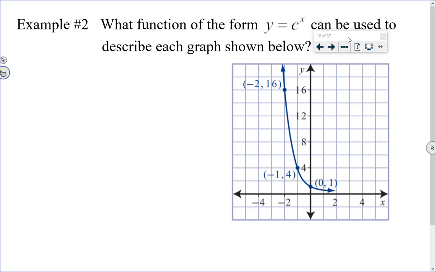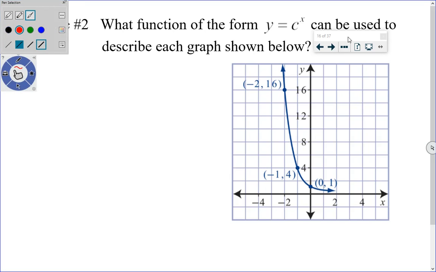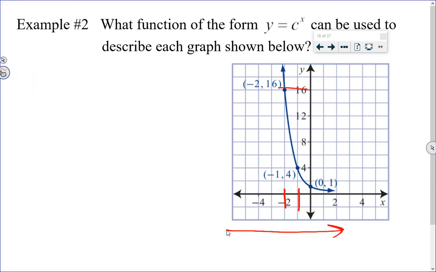Now I will tell you, unfortunately, that the first 3 responses are incorrect. Now the correct responses are coming in. Notice I said when x goes up by 1. Up for x, when x increases, we're going this way, always left to right. So when we go from -2 to -1, y gets multiplied by 1/4.